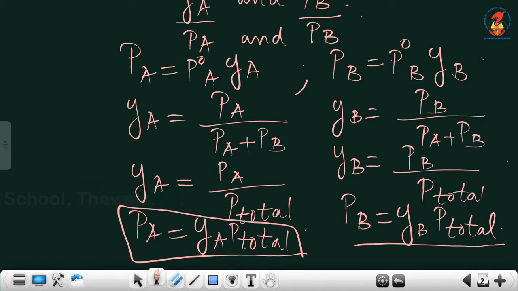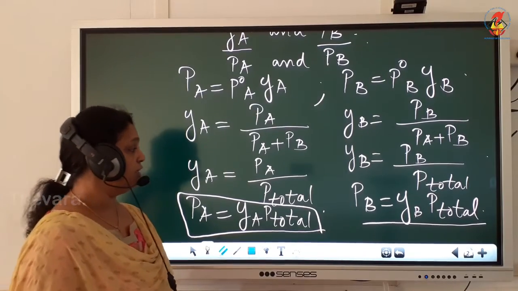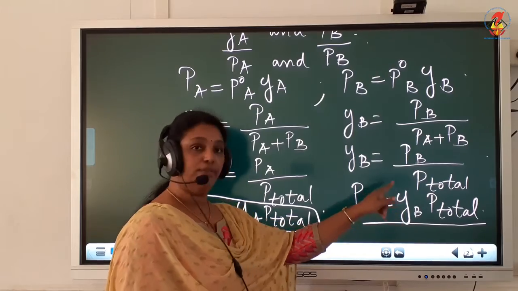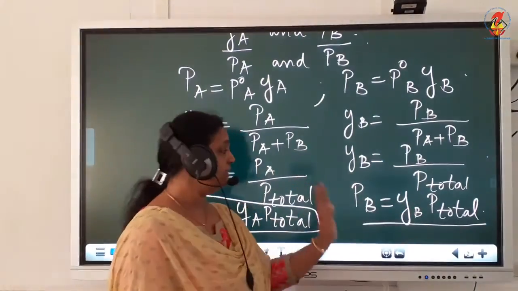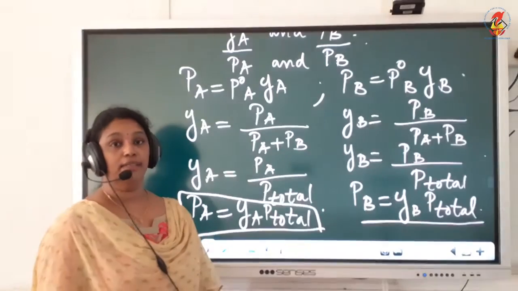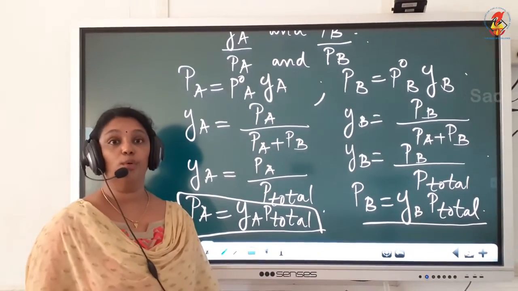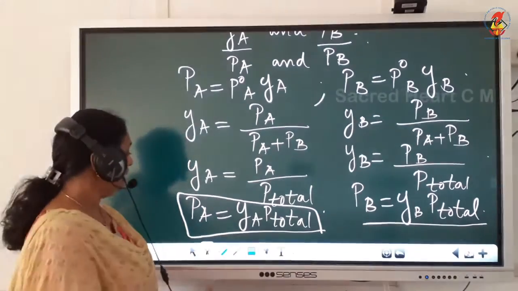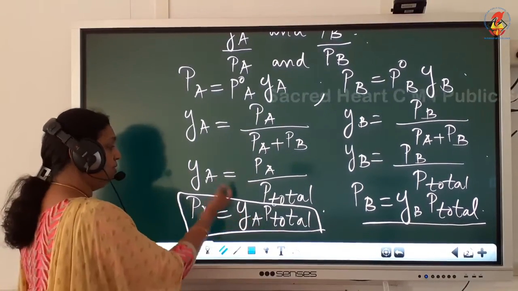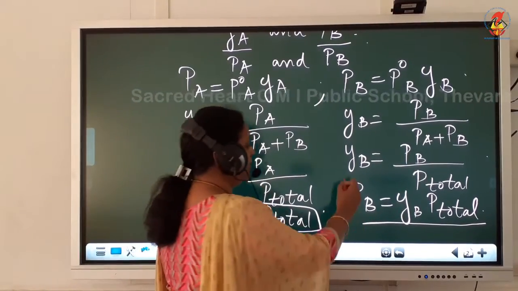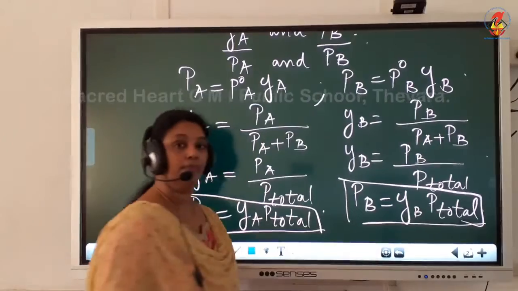So we can get the partial pressure of B in the vapor state if you know the mole fraction of component B in the vapor state and the total vapor pressure. This is the expression to find the composition or mole fraction of components in the vapor state: PA is equal to YA into P total, from which you can find YA as PA by P total, and PB is equal to YB into P total.